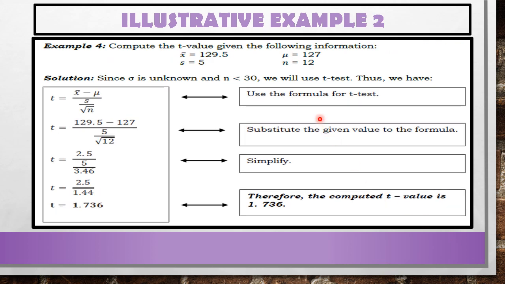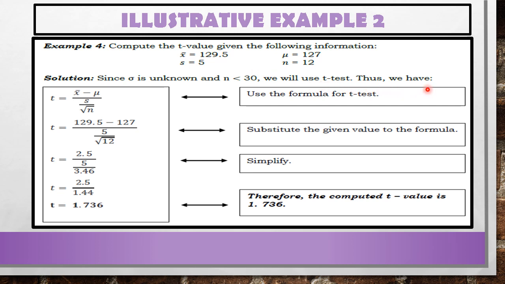Sunod naman po, illustrative example number 2, we are going to compute for the t value. So halos magkaparehas lang naman sila. Dapat alam mo lang kung kailan mo gagamitin ang t-test at alam mo din kung kailan mo gagamitin ang z-test. This was discussed already in your previous lessons and I have already discussed this in previous videos that we have.